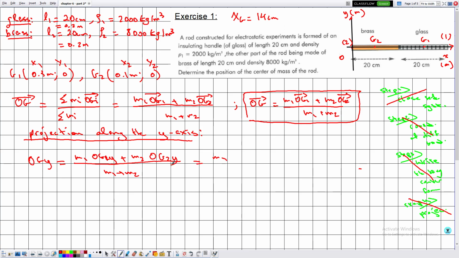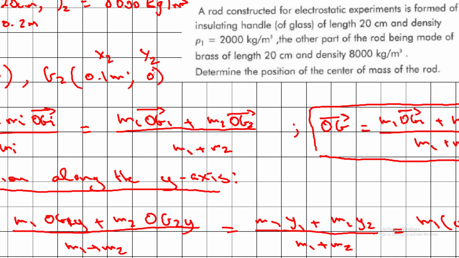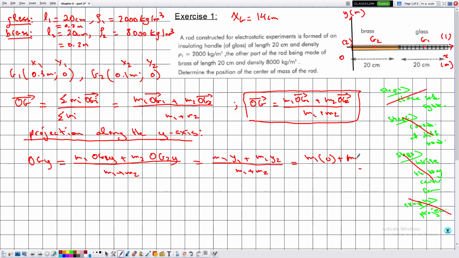So this is equal to M1 y1 plus M2 y2 divided by M1 plus M2. Now notice that the value of y1 is 0 and the value of y2 is 0. So this is simply equal to 0 divided by M1 plus M2. So this is 0 because 0 divided by anything is 0. Then yG is equal to 0.